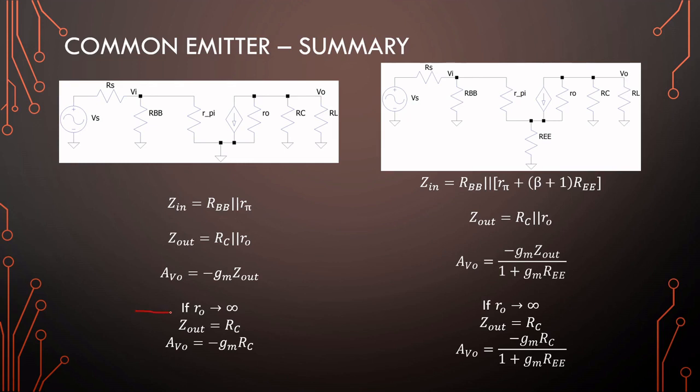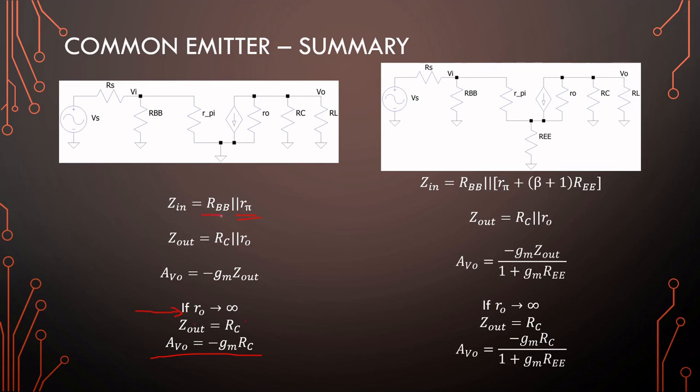Okay, so when looking towards design, as rout moves towards infinity, Zout will become RC, and the maximum gain is minus gm RC. This equation will be a bit more used when doing designs. Here our input impedance is most of the time dependent on r pi, except if we have a very small collector current, then it might be dependent on RBB.